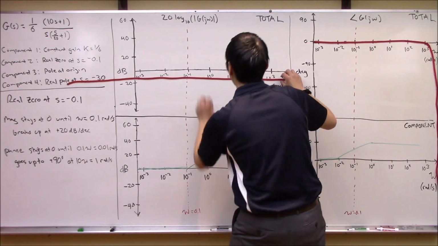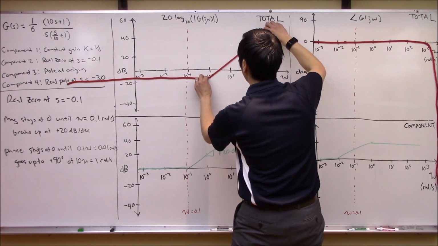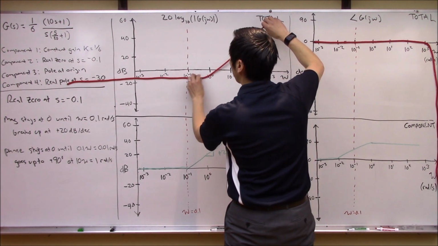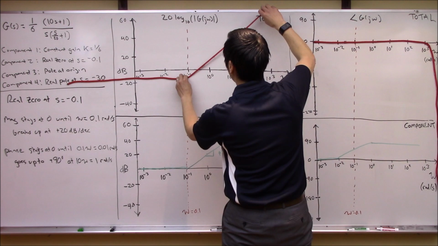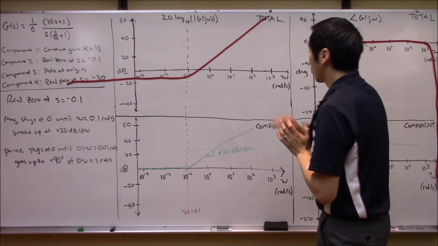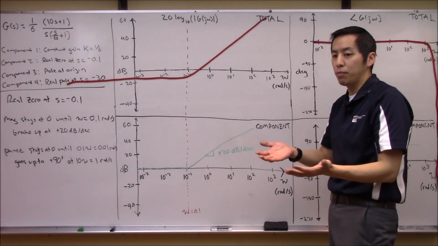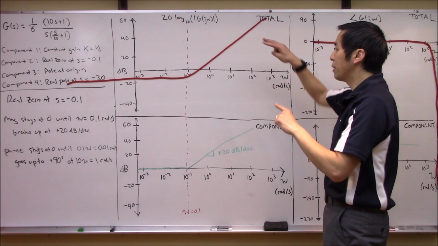This is why I made this little string, so we can try to move this thing. There we go. So this red line now is the combined Bode plot of component 1 plus component 2.